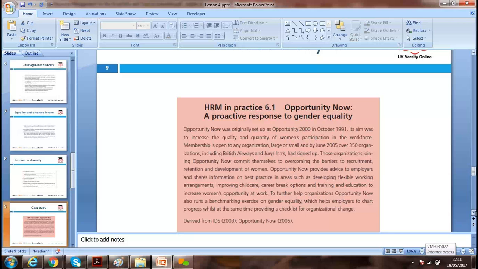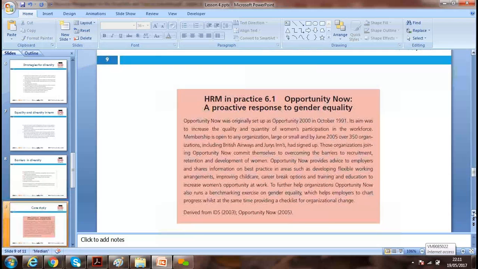Ultimately this helps to create a good image of the organization and organizational change that will help improve performance within our organization.